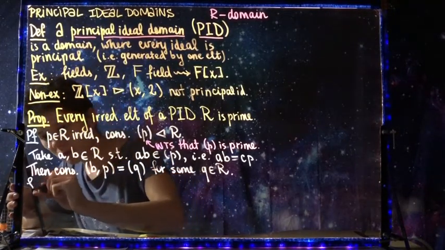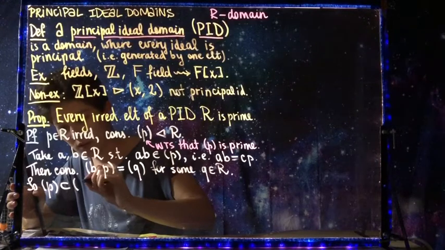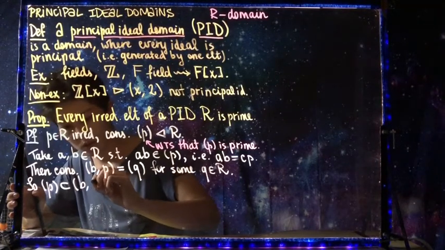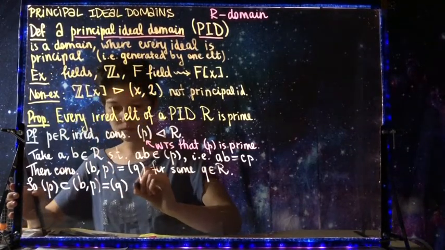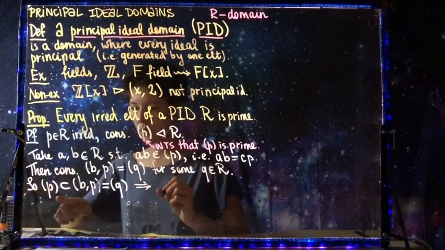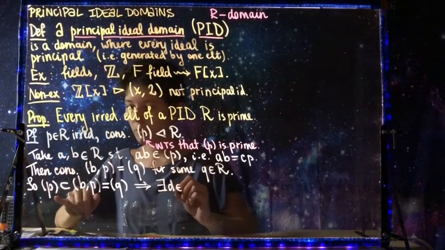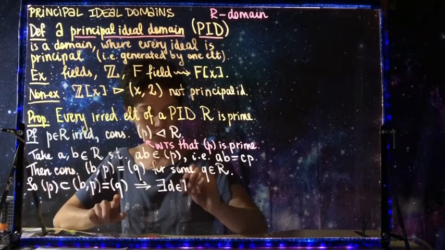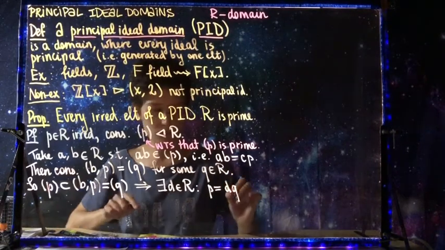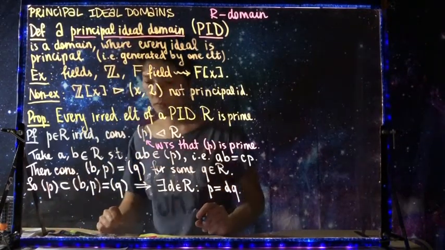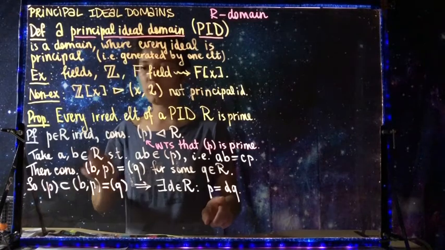And so the ideal generated by P is a subset of the ideal generated by Q. And this inclusion means that P is a multiple of Q, such that P is D times Q. But note that P is an irreducible element.